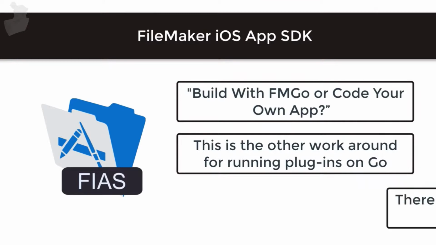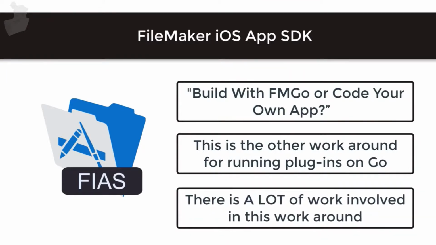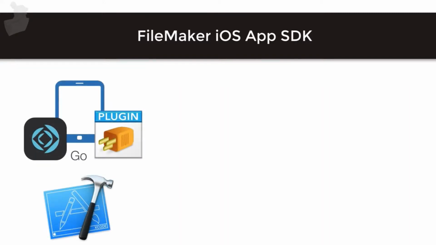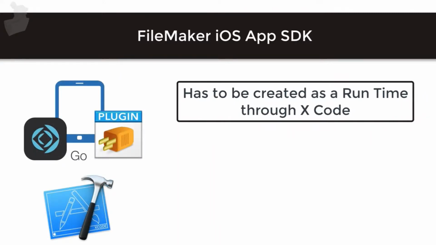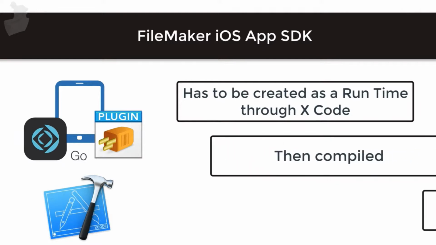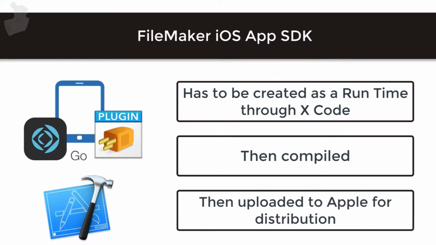However, there's a lot of work involved in doing that. It's not a trivial process, as we explained in that other video. But technically, that's the other way that you could run a plugin. A plugin can be engineered to work with FileMaker Go if it's created as a runtime through Xcode and compiled and then uploaded to Apple for distribution.